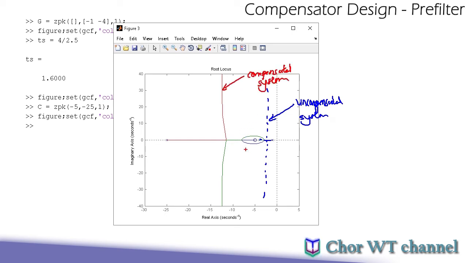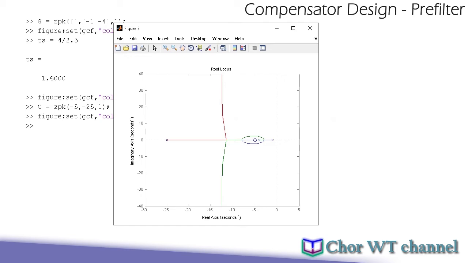You can see very clearly that our roots are moving towards the left hand side, and hence I can be very sure that by incrementing the gain, I can move the closed loop poles to the left hand side of the s-plane, and hence make the system faster, which means that my settling time is lowered.